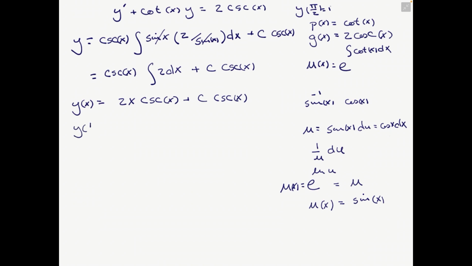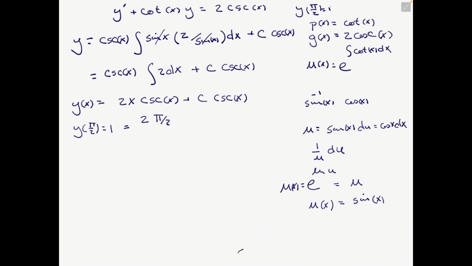So y of pi on 2 is 1. And so we have 2 pi on 2 times cosecant of x.